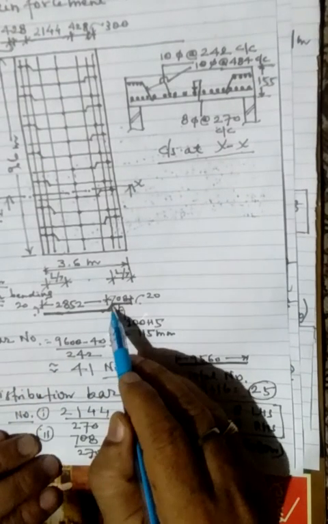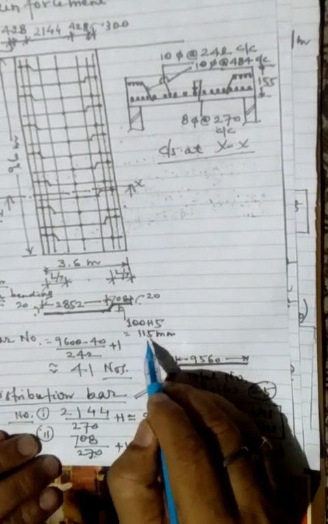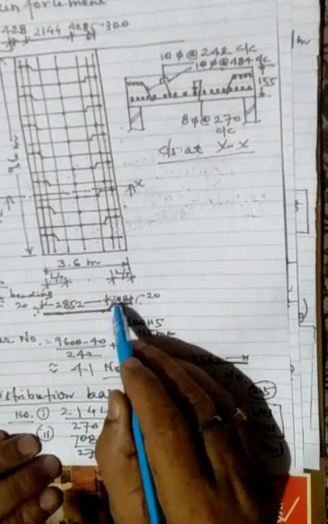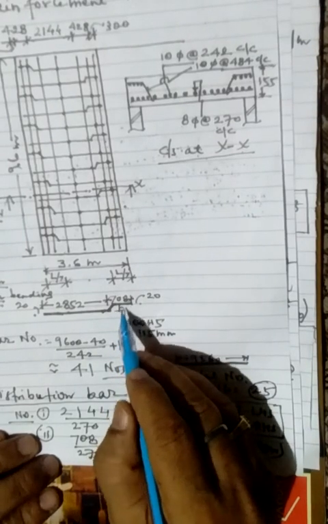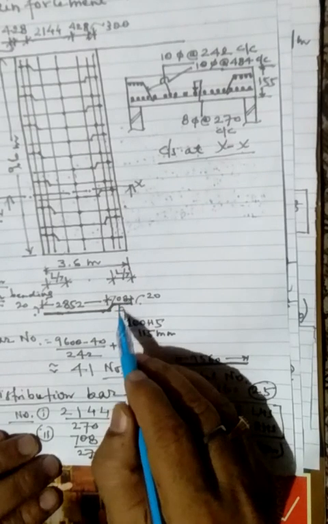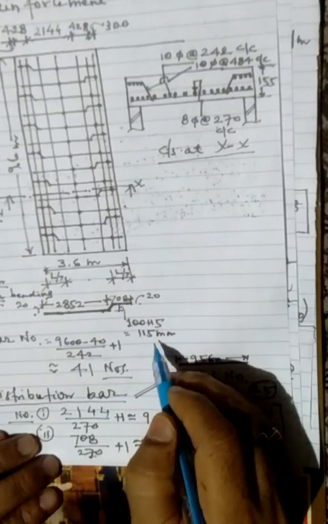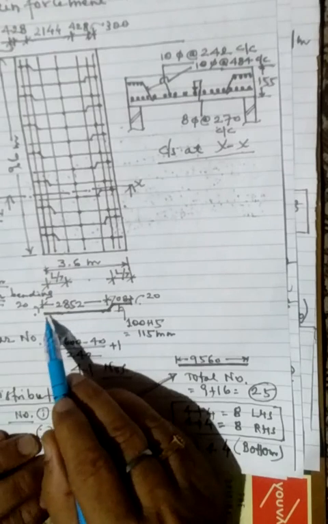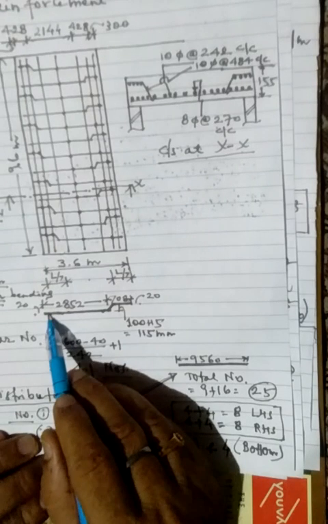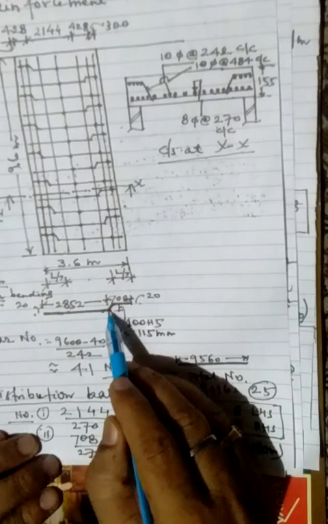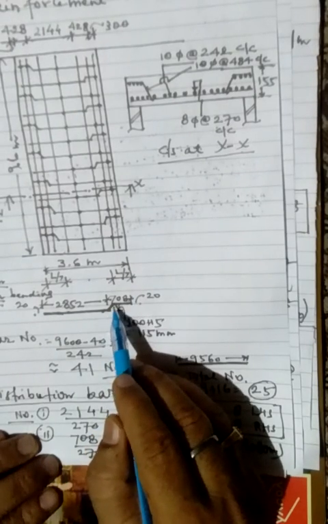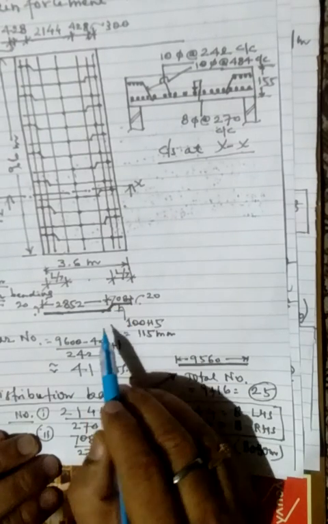So a bent up is for a height of 115 millimeter, because 20 cover on top, 20 cover on bottom. So from 155 total depth we deduct 20 and minus 20, so we get 115. So this way we have a bar bending schedule, a straight length of this, and then a bent up length of 708.